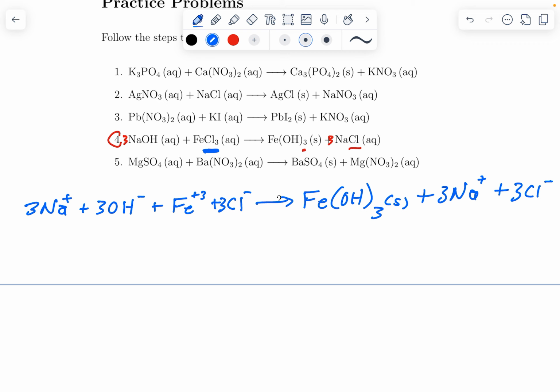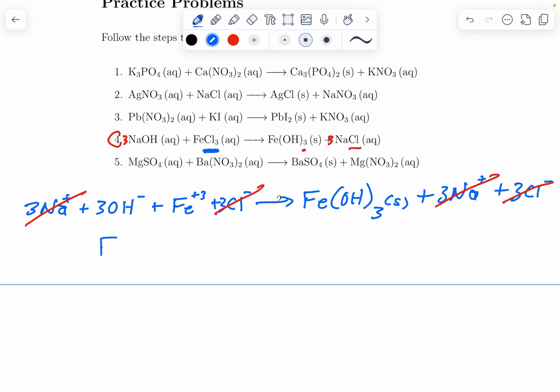Now the spectator ions should be easy to identify. 3 chlorines right there. And then the sodiums are also spectator ions. So now go down and write the net ionic equation.